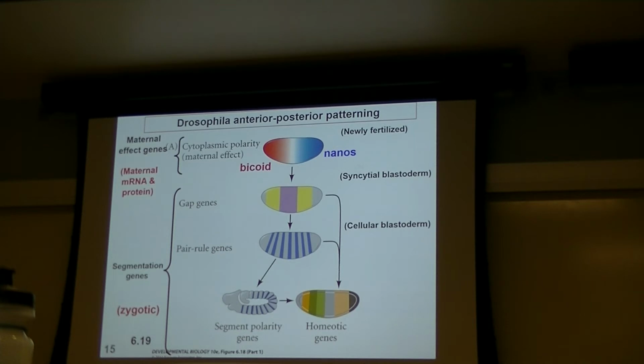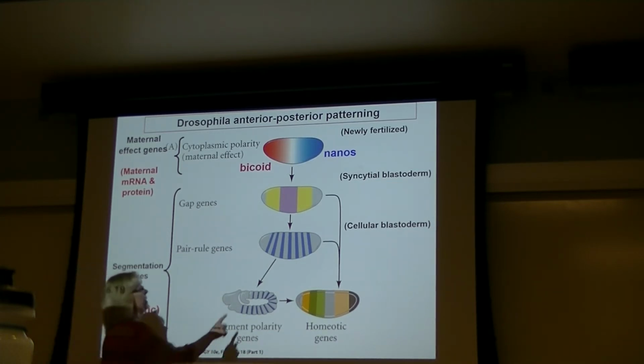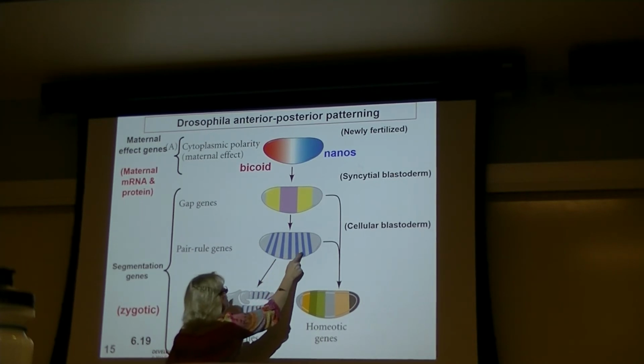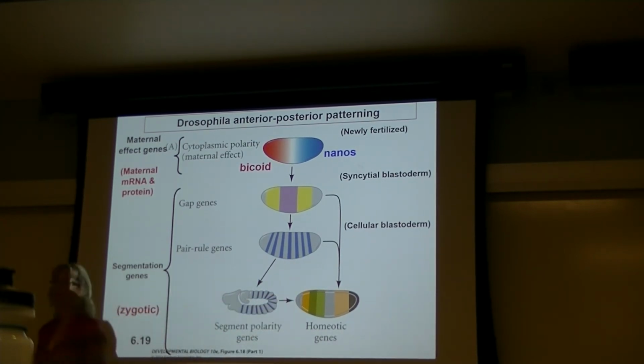Okay. So the gap genes are beginning to be expressed in the syncytial blastoderm as the embryo is transitioning to the cellular blastoderm. Now I want to look at the next group of genes, called the pair-rule genes. These are expressed in stripes, and we have, let's see, 1, 2, 3, 4, 5, 6, 7 stripes here.